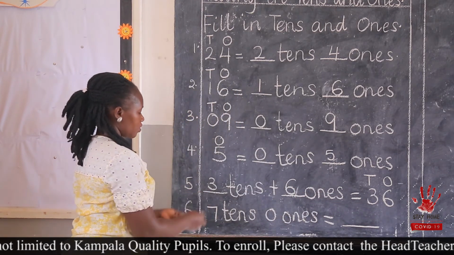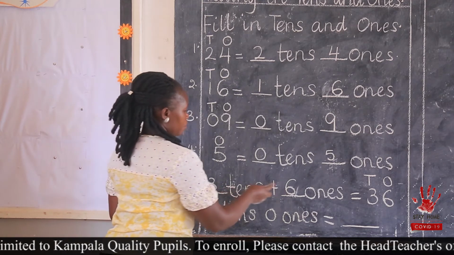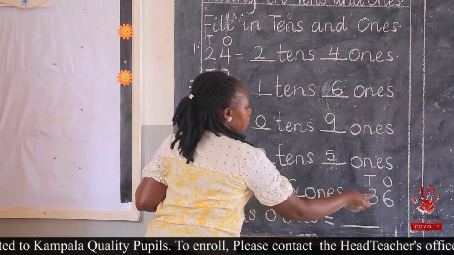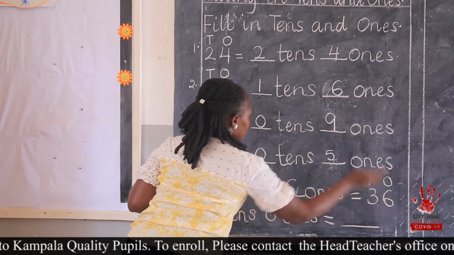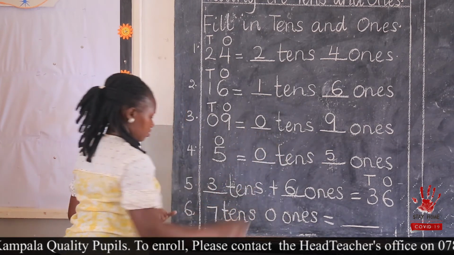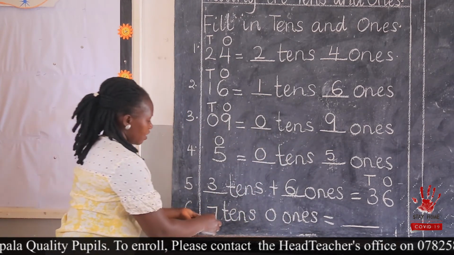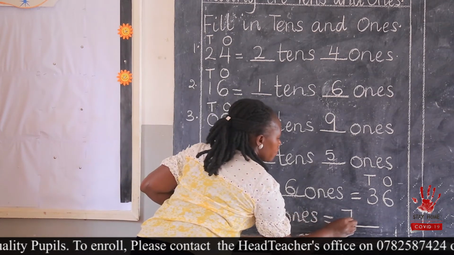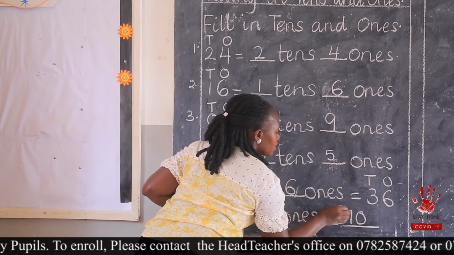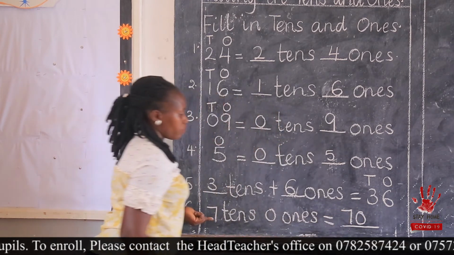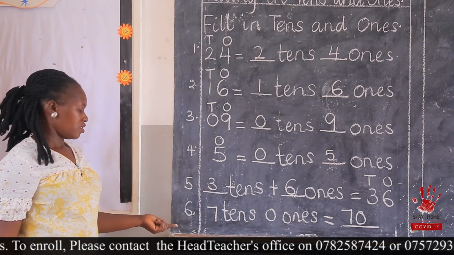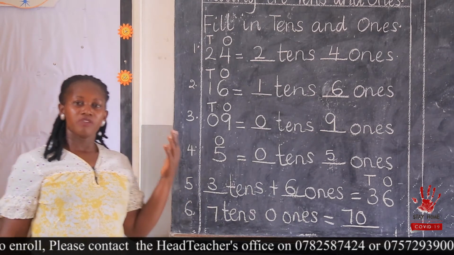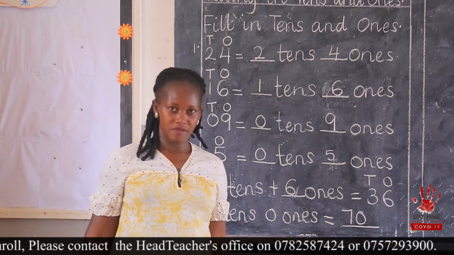Because here, look at this one. 3 tens plus 6 ones has given us 36. That means 7 tens and 0 ones will give us 7 and 0. Which number is that? Is it 7 and 0? That number is 70. So that's how simple filling in tens and ones is.